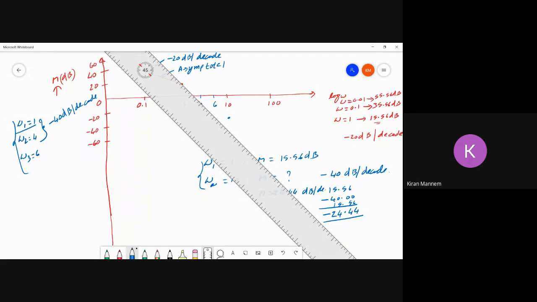On the graph sheet, I'm just giving the realistic values.